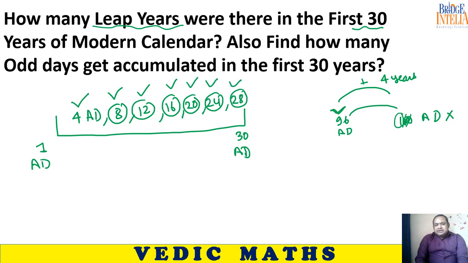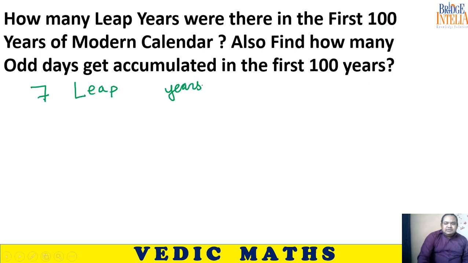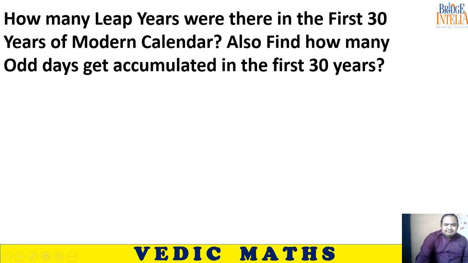So between 1 and 30, there are 7 multiples of 4. 7 fours are 28, and this is the closest you can come to 30. Therefore 7 leap years. So there are 7 leap years in the first 30 years.